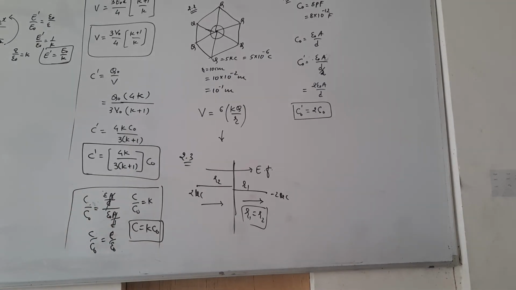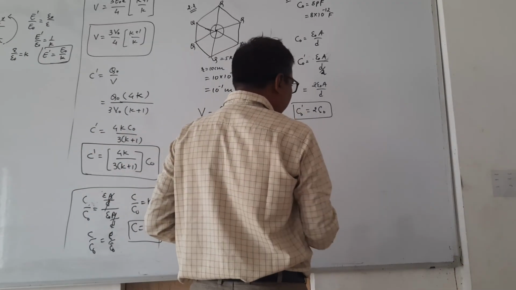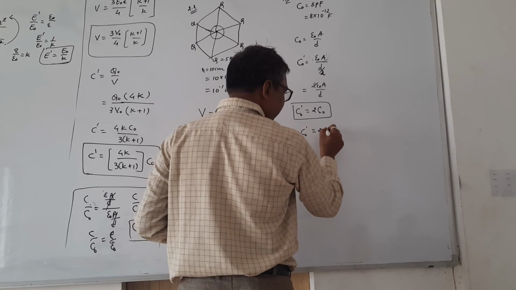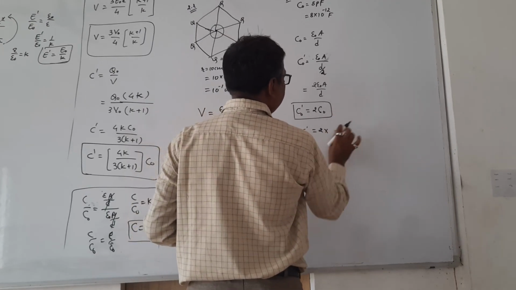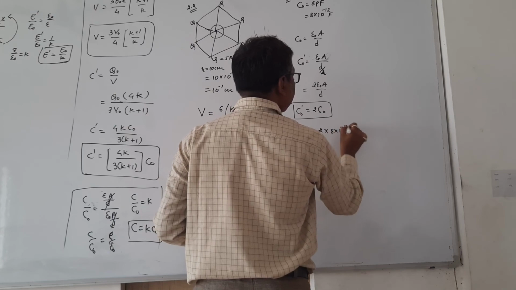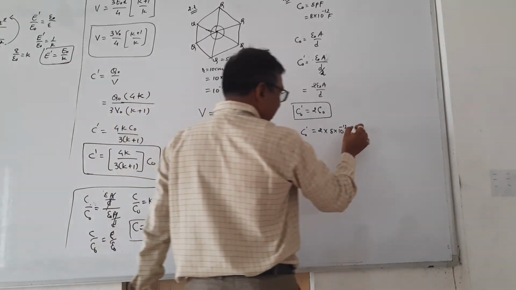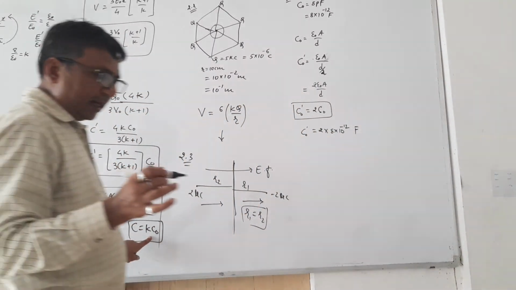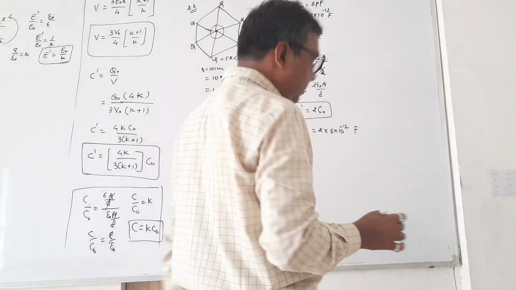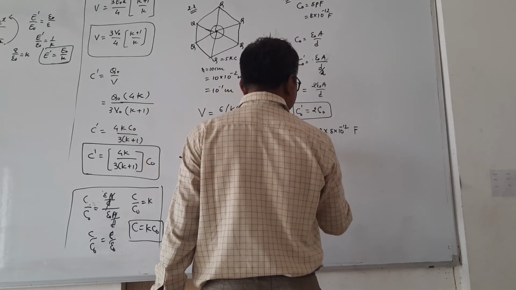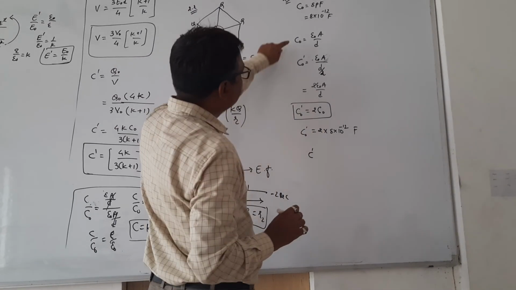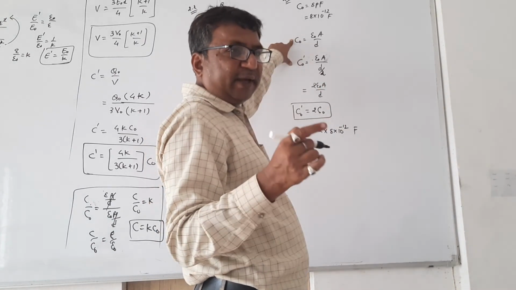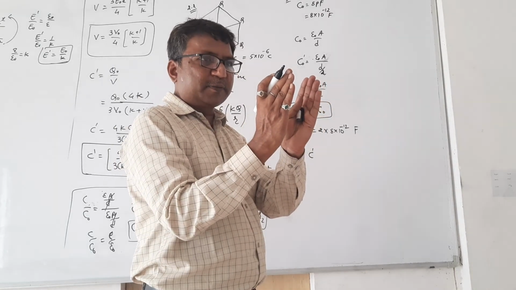This is the result. So here C0 dash is equal to 2 into 8 into 10 raised to minus 12 farad. C0 dash is for the situation when the space is reduced.